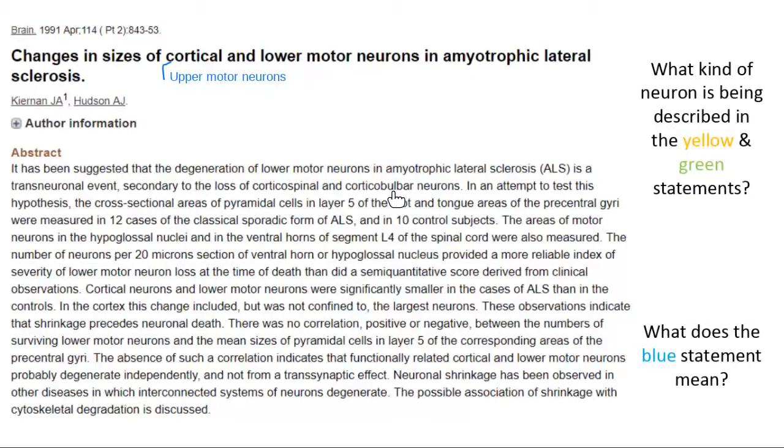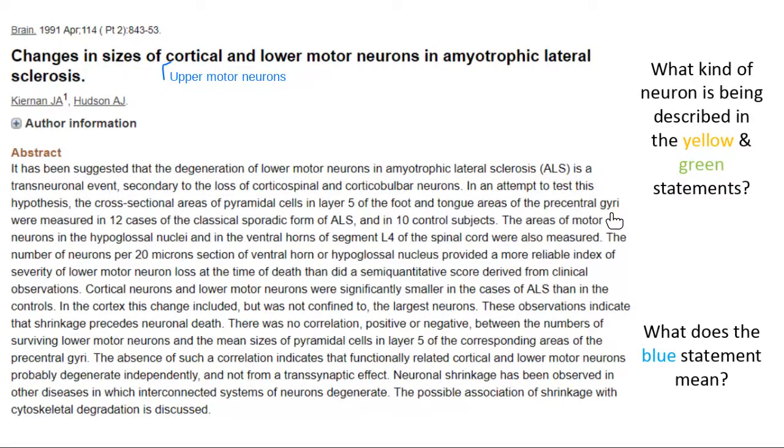To figure out who's dying, or which kind of neuron is giving us trouble, whether it's the upper or lower motor neuron, they took cross sections of the pyramidal cells, that's just cells shaped like a pyramid, that were found in layer 5, the 5th row, of the foot and tongue areas of the pre-central gyrus.